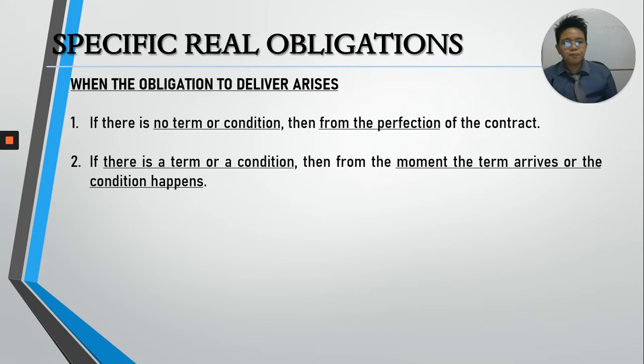What else? If there is a term or period or condition, period is otherwise known as term, then from the moment the term arrives, when the stipulated period arrives or the condition happens, that is the time to deliver the object. So remember that about delivery.